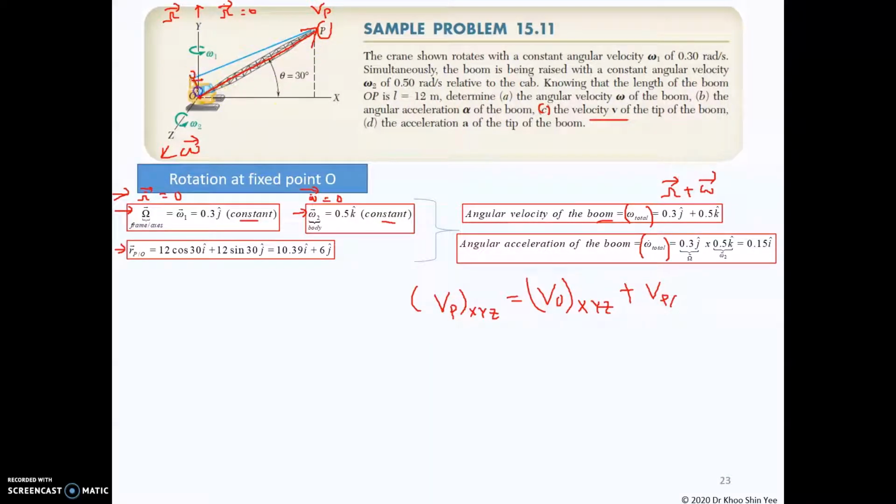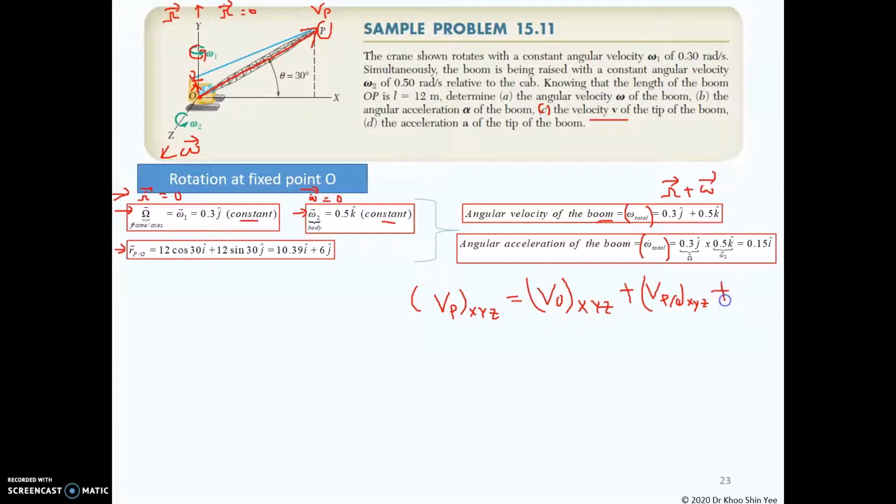So imagine you are here, you observe the velocity at P with respect to O. Since the frame here can be rotated, therefore you are in the rotating frame. So you have small letter x, y, z here to indicate the rotating frame or non-inertial frame.